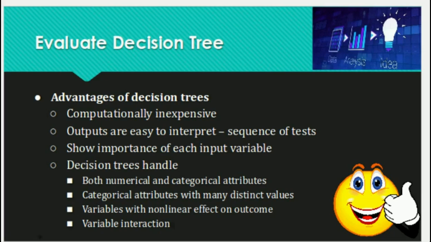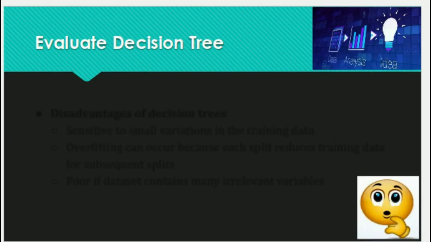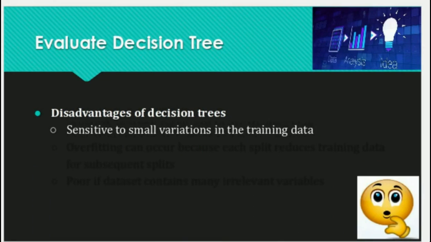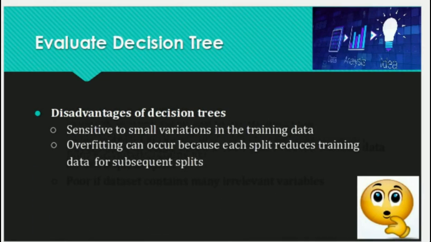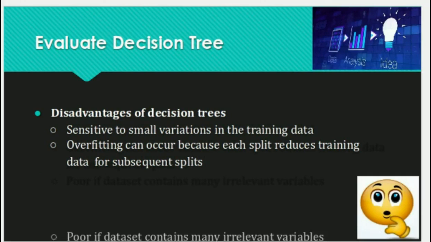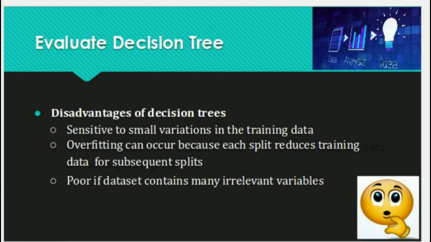Now we will see a few disadvantages of decision tree. The structure of a decision tree is sensitive to small variations in the training data. Although the dataset is the same, constructing two decision trees based on two different subsets may result in very different trees.